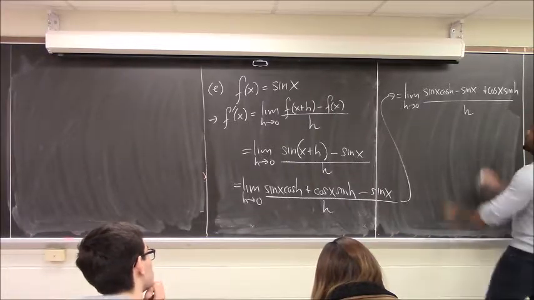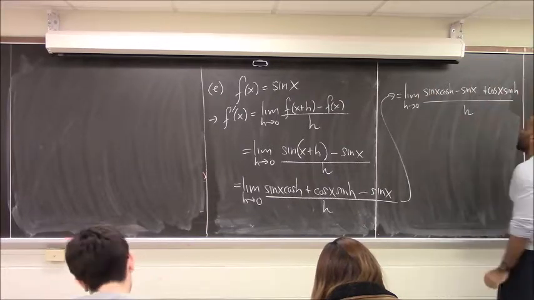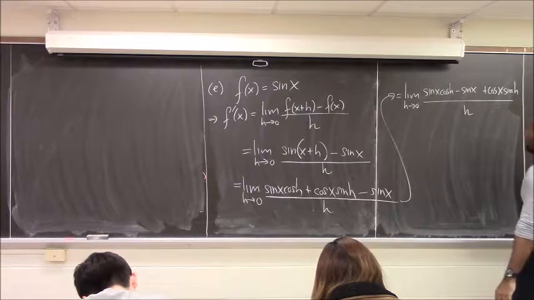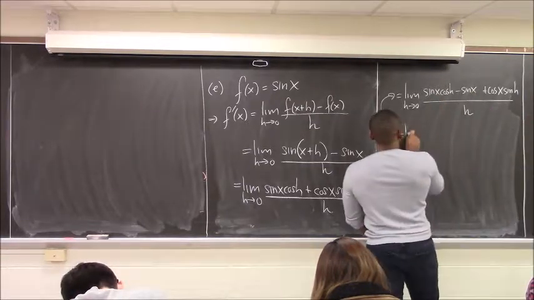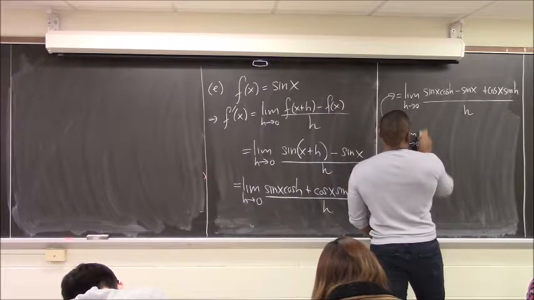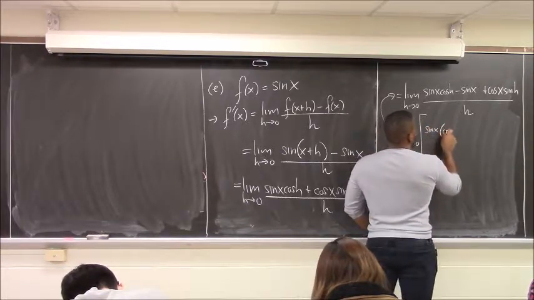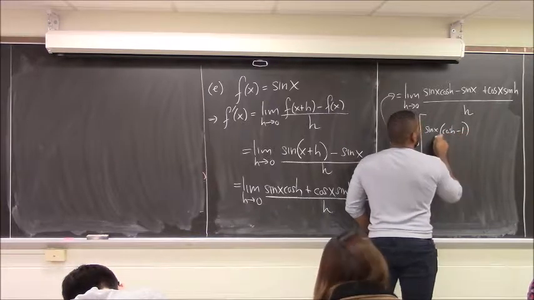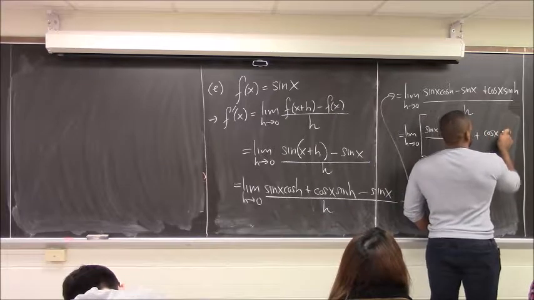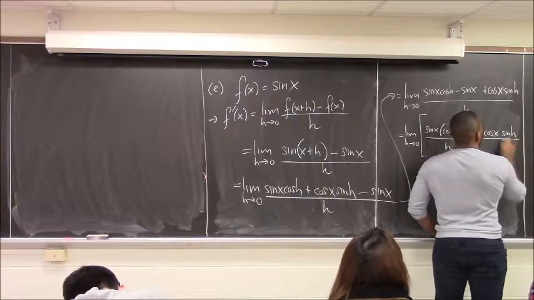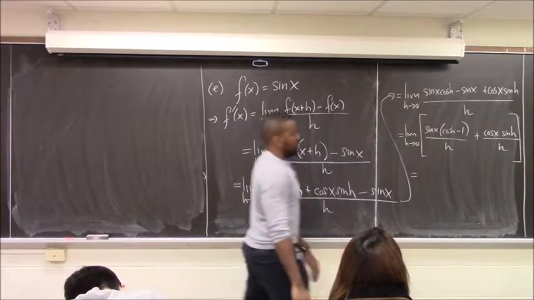Now, sine x is a common term here, but it's not here. So I'm going to split these into two parts and factor out the common sine. Maybe that will lead to something nice. So this would be sine x times cosine h minus 1 over h plus cosine x times sine h over h.